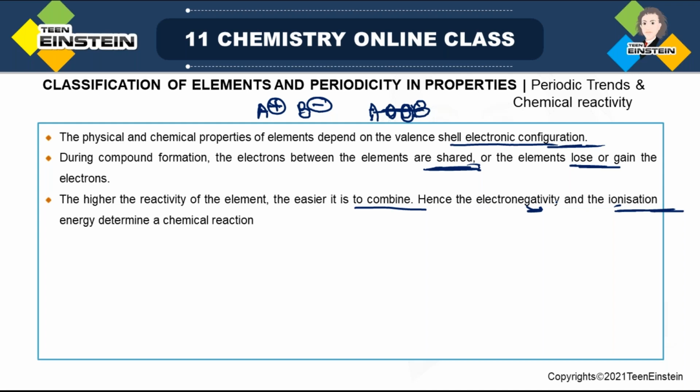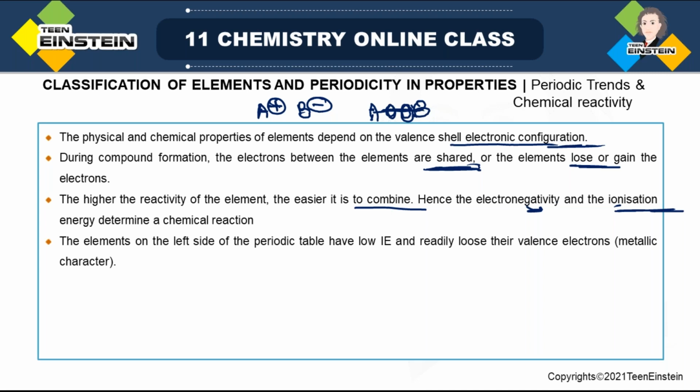That is, from ionization energy you can understand how readily it can lose an electron, and from electronegativity you can understand how readily it can attract an electron. So these properties are important. If you know the trend of these properties, that is, how ionization energy is changing across the period or down the group, and how electronegativity is changing, obviously you can have some idea about the reactivity of the elements. Fine.